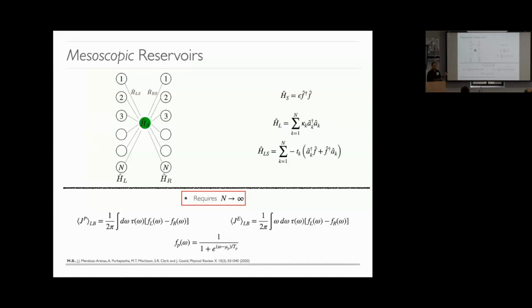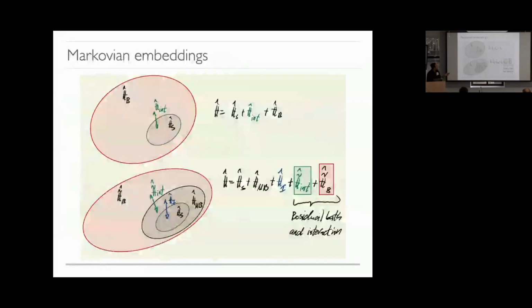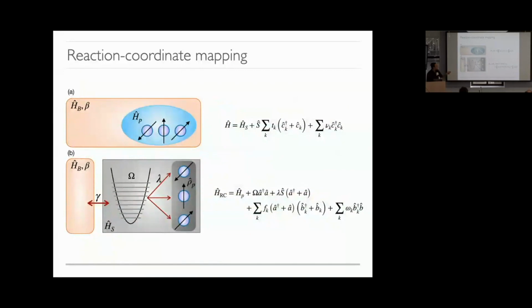What makes you say that? I mean, technically, she's right. It's a different system. But you must be approximating. Well, it's strange that you say that to me, because you believed me when I did the Markovian embedding via reaction coordinate mapping. I didn't quite understand what you said. Well, the dynamics of this problem are also well captured with this Markovian embedding for that spectral function.